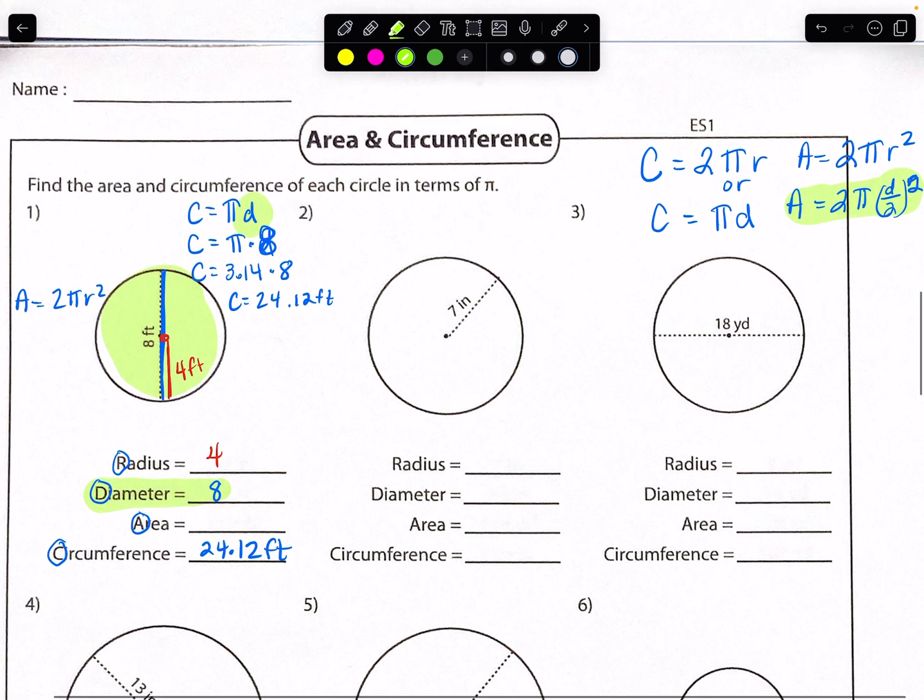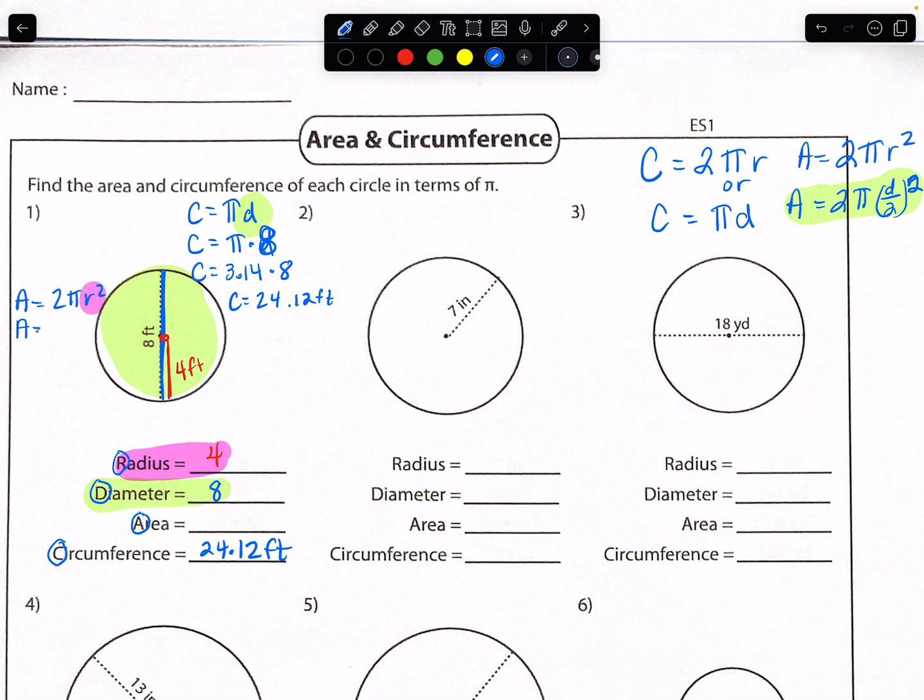That means it's two-dimensional. And we are going to rewrite this, substituting in the radius, which is 4, where I see the r. So I'll rewrite this 2 times pi times 4 squared.